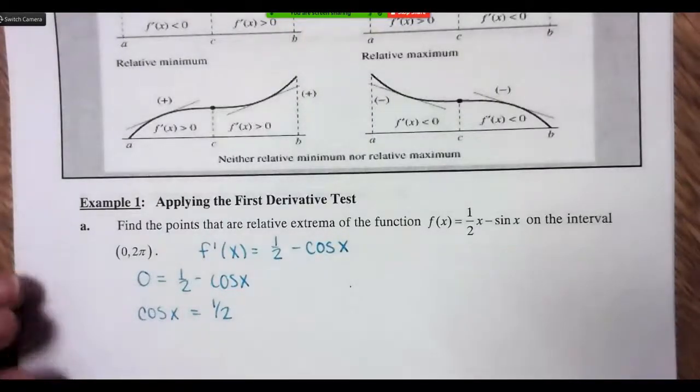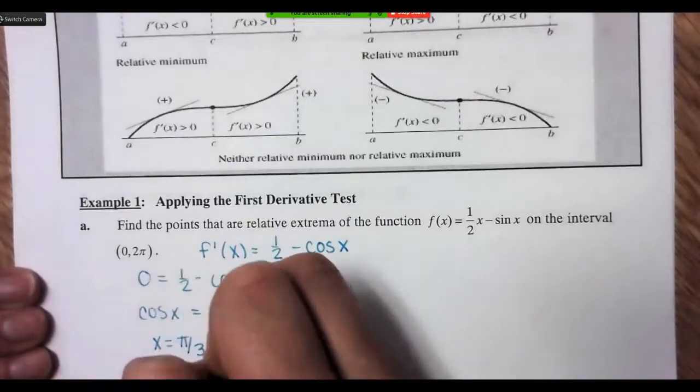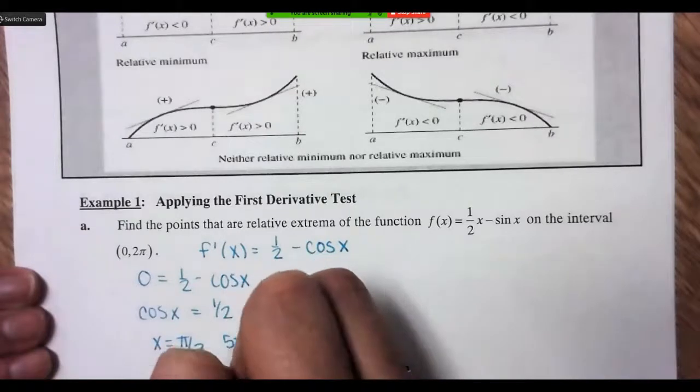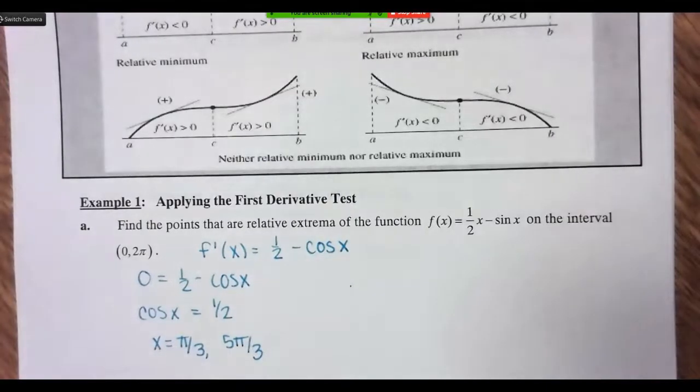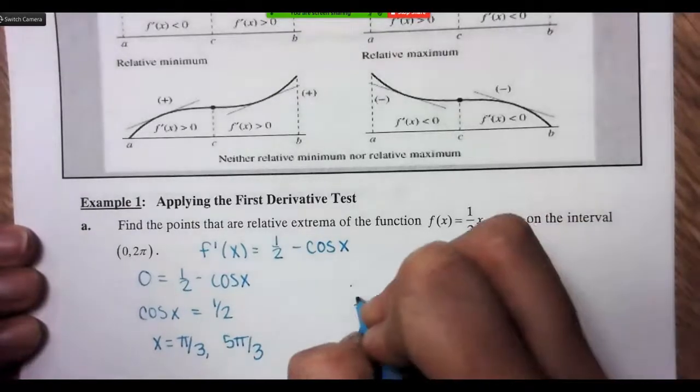Well, it equals 1/2 at pi thirds and 5 pi thirds. So since the cosine of x is equal to 1/2 at pi thirds and 5 pi thirds, we need to create our sign chart.